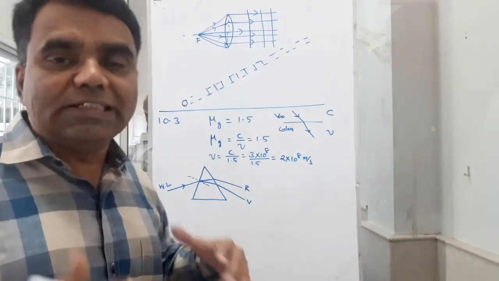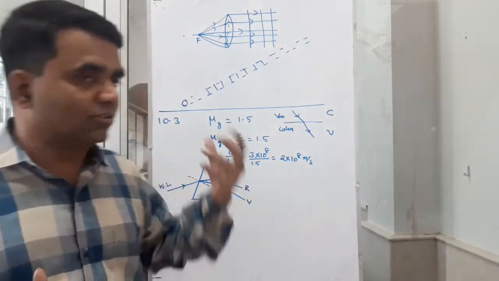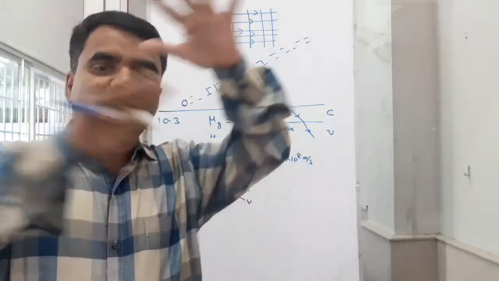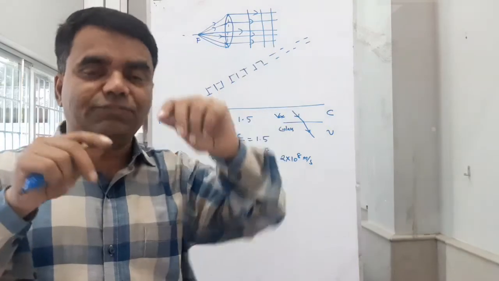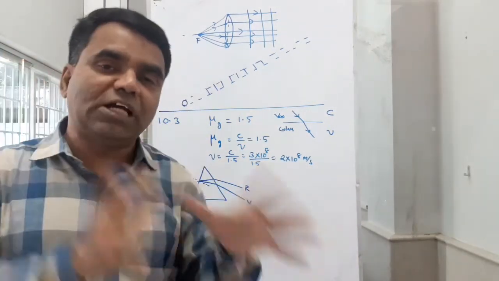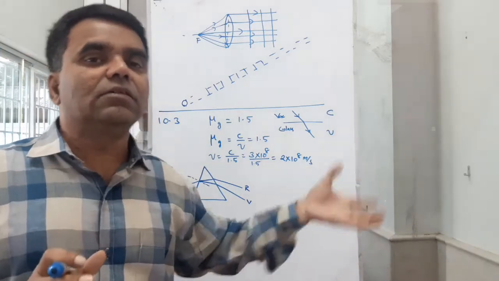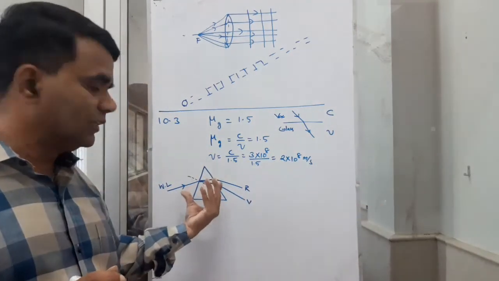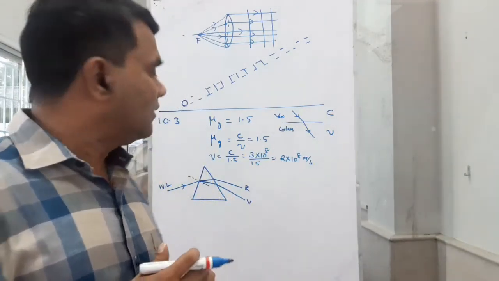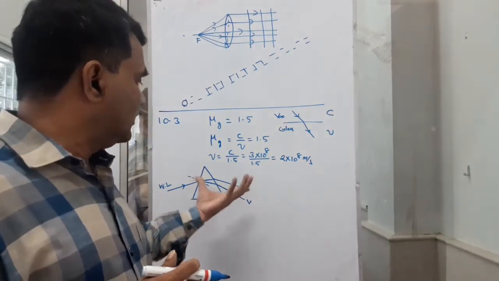This is what gives rise to what is called chromatic aberration, which we talked about in lenses, where they don't focus because light of different wavelengths and different frequencies travels with different speeds in the medium. Okay, so here is what is happening.